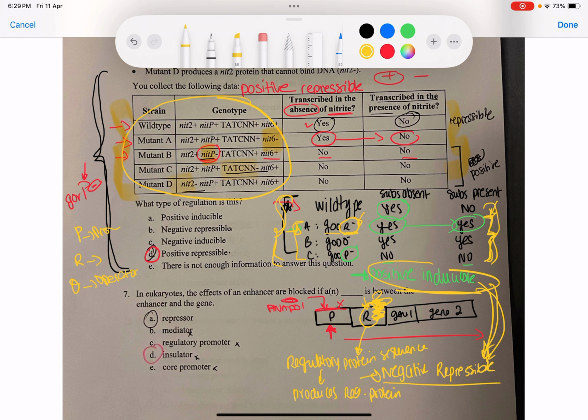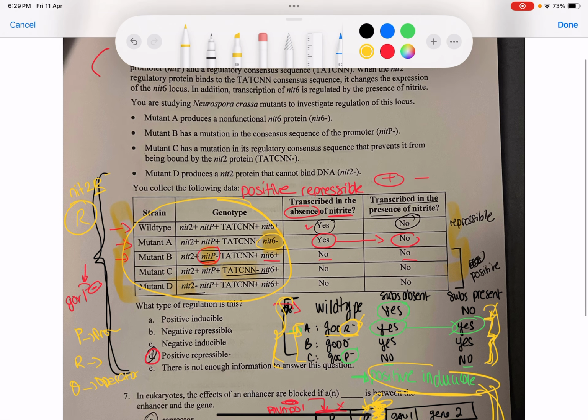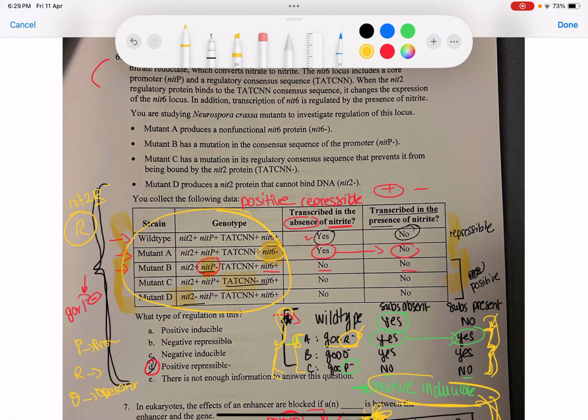So every time you get a table, make sure to look if we have a mutation at the R position. Normally, it's going to be, let's say, NIT2R negative, with a big capital R next to it that indicates the regulatory protein sequence. But if he didn't give you the capital R, he would say, let's say, mutant A produces a non-functional regulatory protein sequence called NIT6 negative.